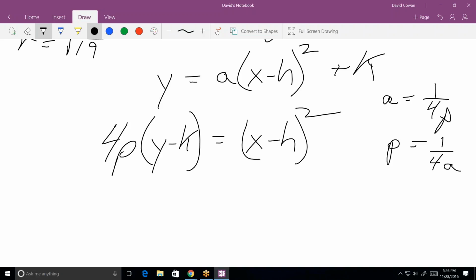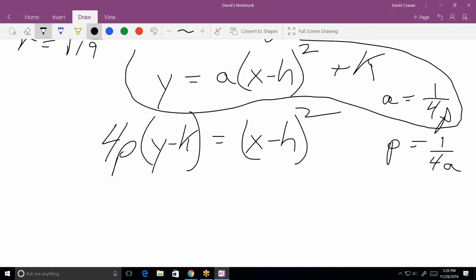So the moment they start working with parabolas as conic sections, they'll either give you this format as the general format, or they'll give you this one.